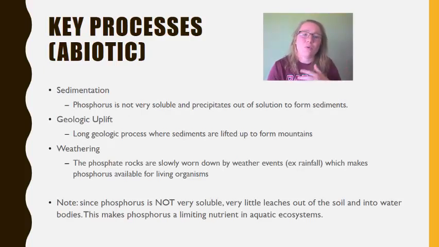The abiotic or non-living processes have a lot to do with the rock cycle. These include sedimentation. So if you think back to your chemistry classes, phosphorus is not very soluble, so it forms a precipitate or a solid when it's put into certain types of solution. And that precipitate will start to accumulate on the bottom, particularly of the ocean, and it'll form sedimentary rocks. Geologic uplift, again, rock cycle type process.